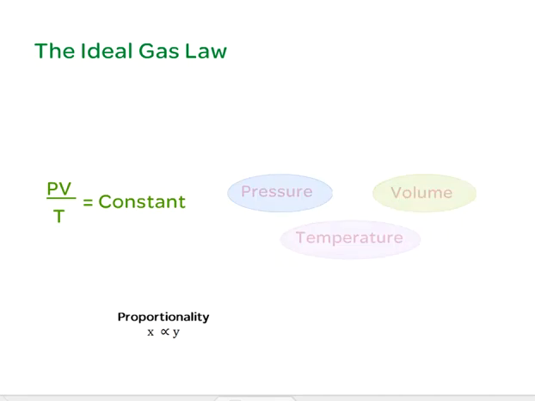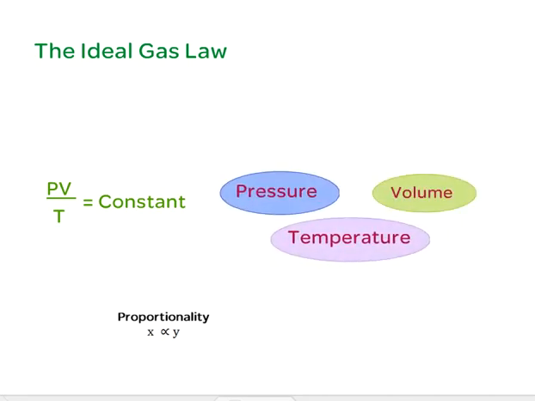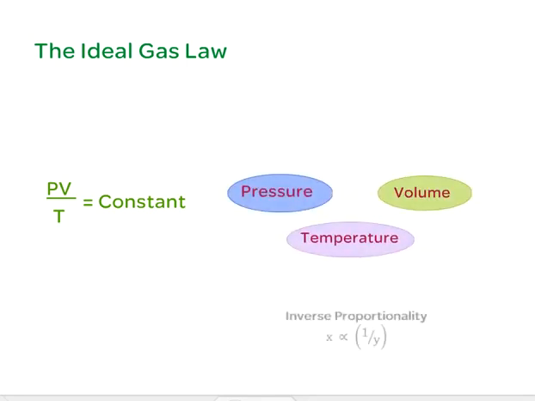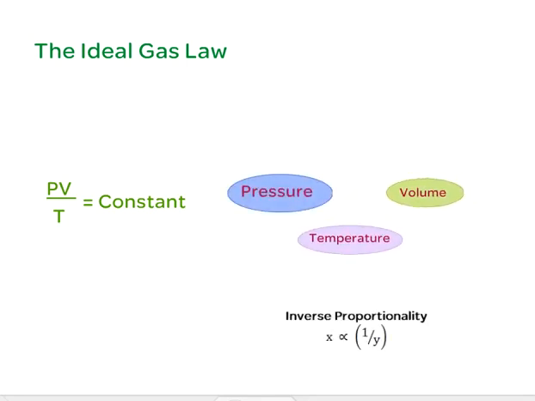If volume is constant, an increase in temperature results in a proportional increase in pressure. Inversely, if volume is decreased and pressure remains constant, the temperature must decrease. Basically, pressure and volume are directly proportional to temperature and inversely proportional to each other.